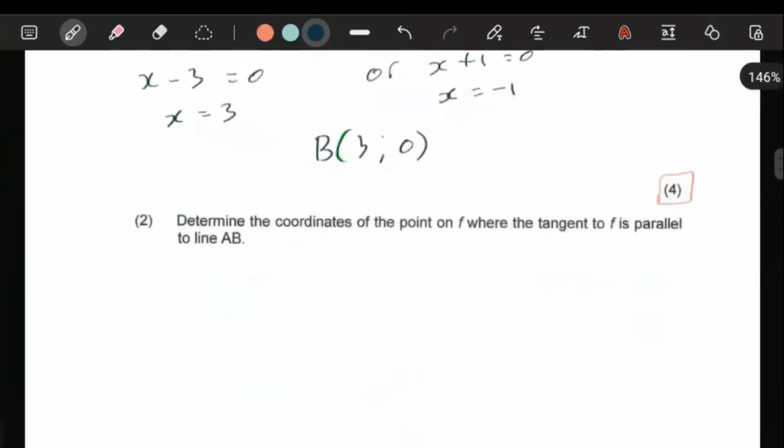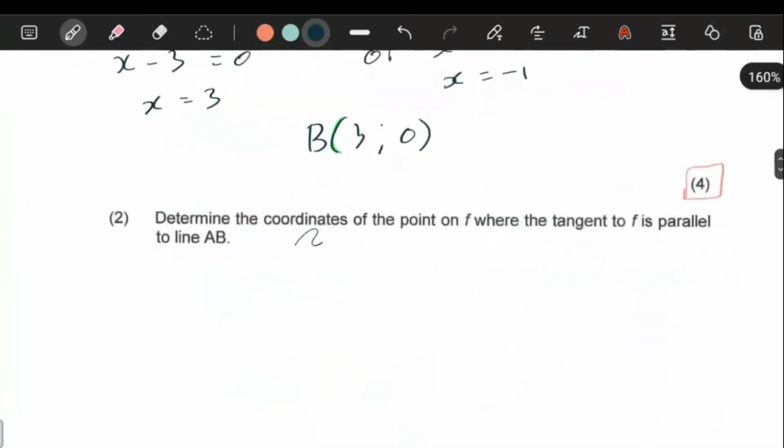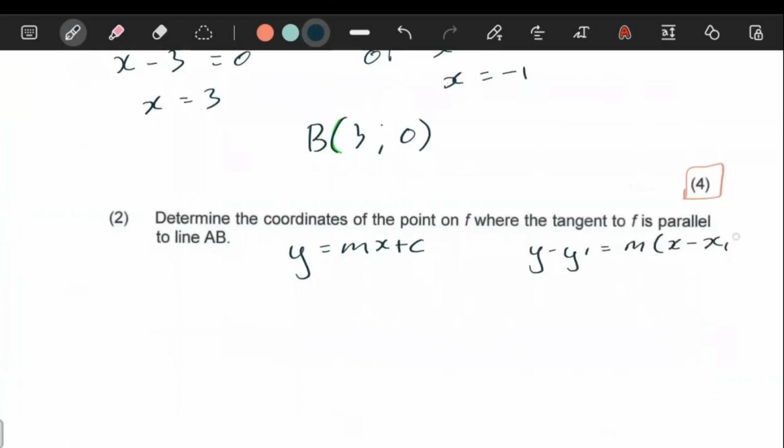The equation is just y is equal to mx plus c. When you're working it out from scratch, you can use this format: y minus y1 is equal to m(x minus x1). x1 and y1 is just the coordinate that the graph passes through, and m is your gradient.